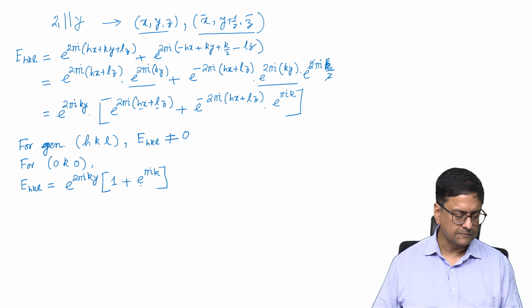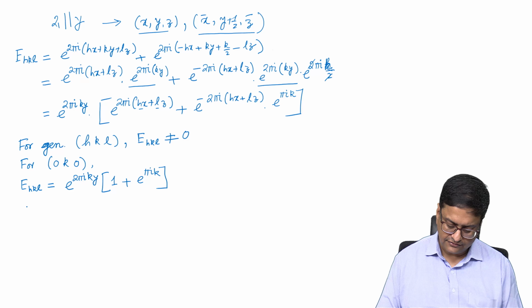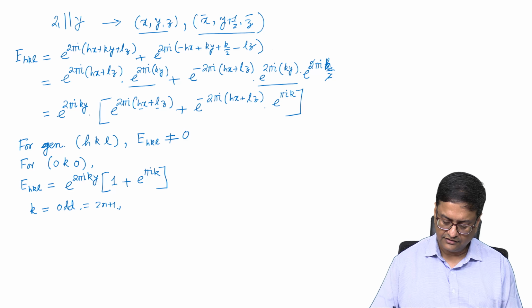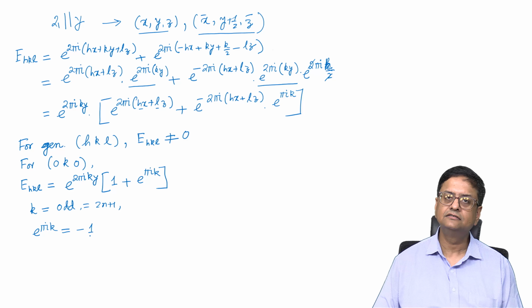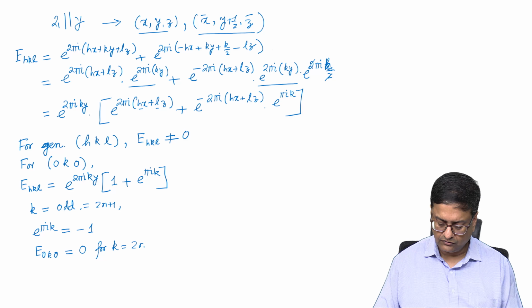So, now when k is odd, that is equal to 2n plus 1, this e to the power pi i k is equal to minus 1, which essentially means that E(0k0) is equal to 0 for k equal to 2n plus 1.